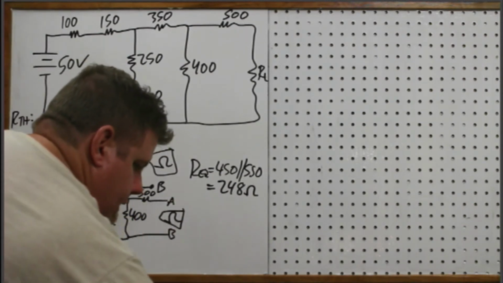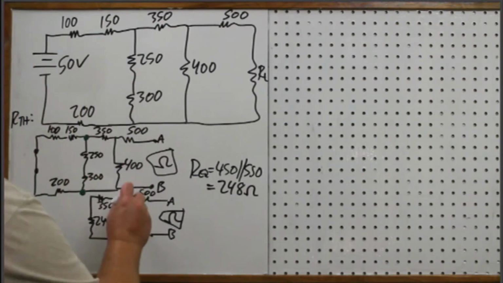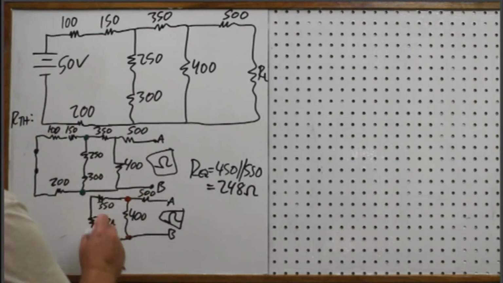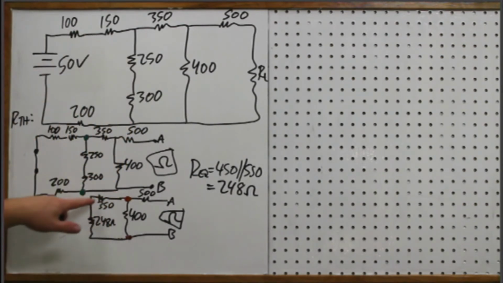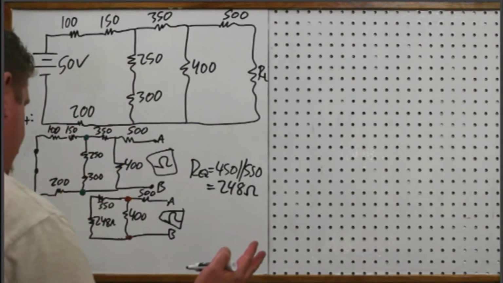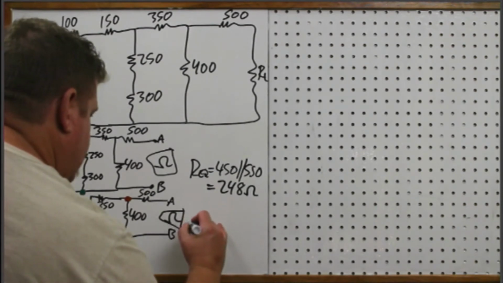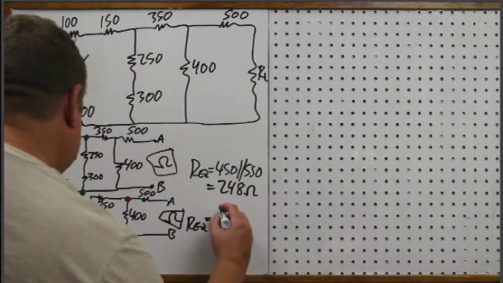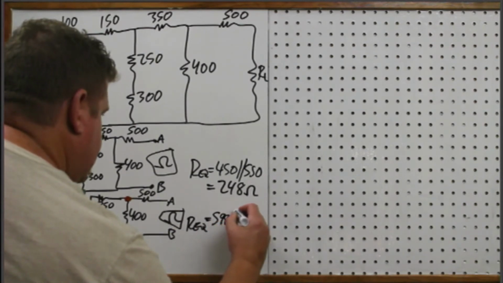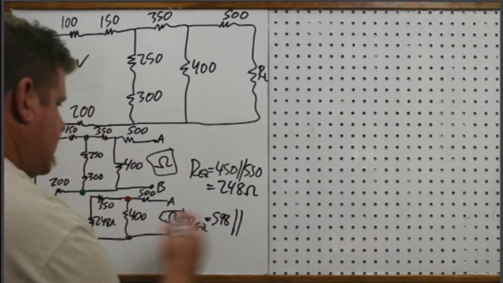If we go orange this time, so now I'm only considering this branch and this branch, and so I've got what, 350 plus 248, which is 598. So now my REQ is, what did I say, 598? And then that's in parallel with the 400.